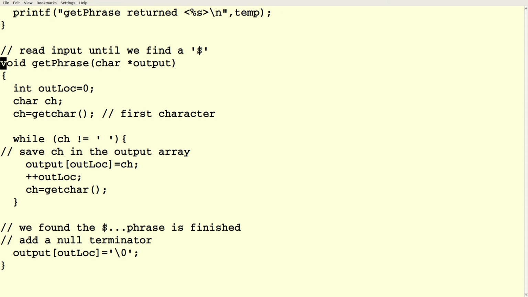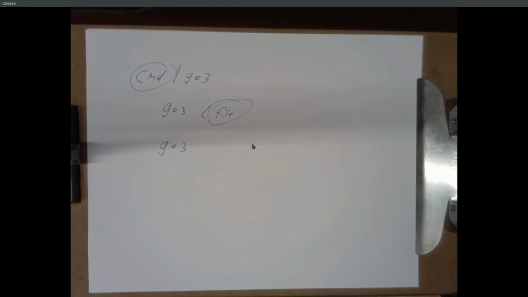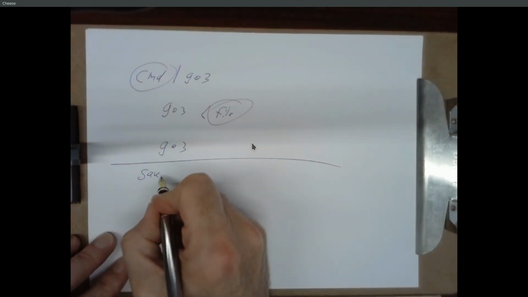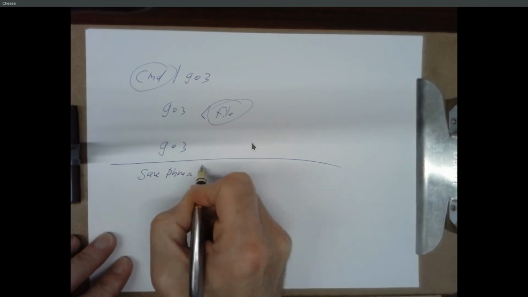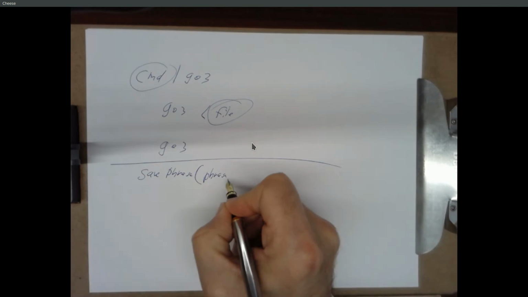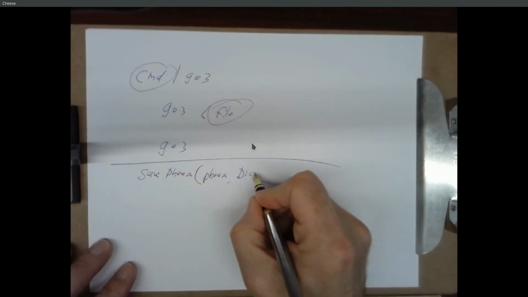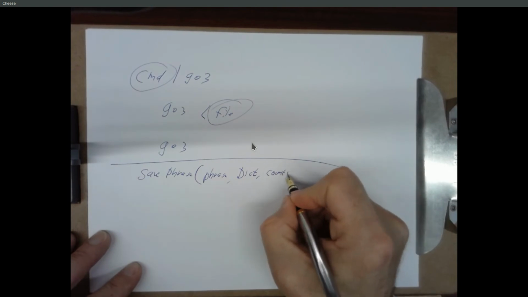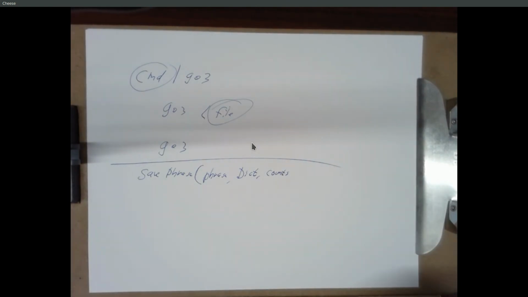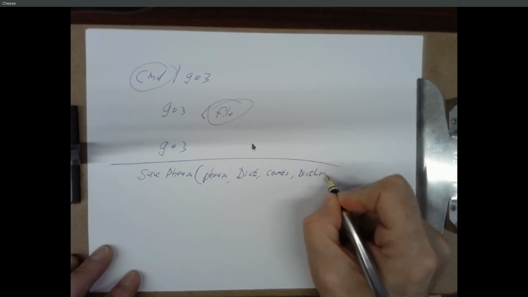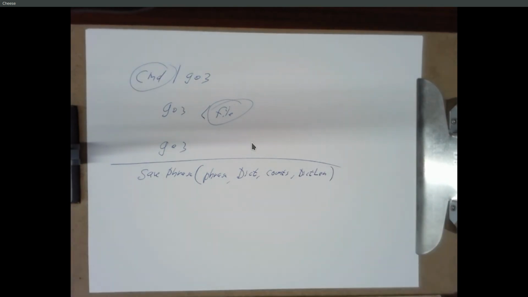After you've got that, then you want to make a save phrase function, and you pass it your phrase that you just got. You pass it your dictionary, which is your two-dimensional array. And you pass it your counts, which is a one-dimensional array of integers, and something that tells it how long those arrays are, like dictionary length.